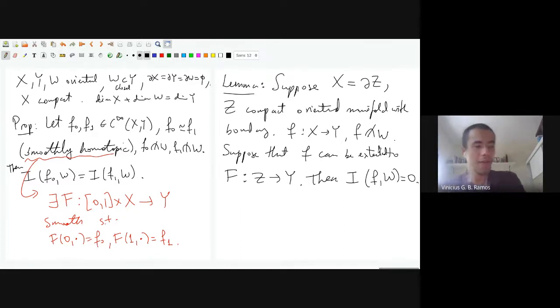Okay, so how do we prove this? This is kind of the first nice result, and it's actually a core result, as you'll see.